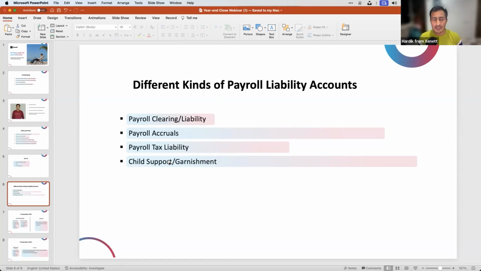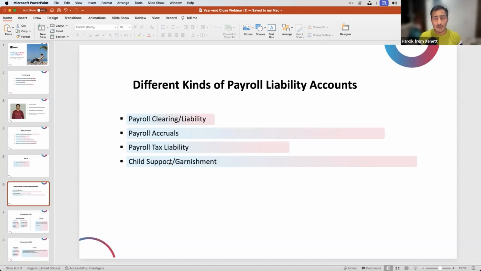It is actually not a payroll tax liability. It's a separate payment. At times the government asks the employer to deduct it from the employee's payroll, and then eventually it gets paid to that particular authority, right?